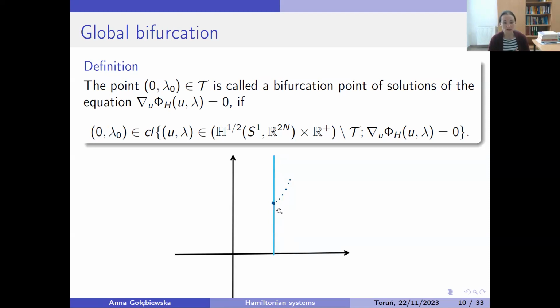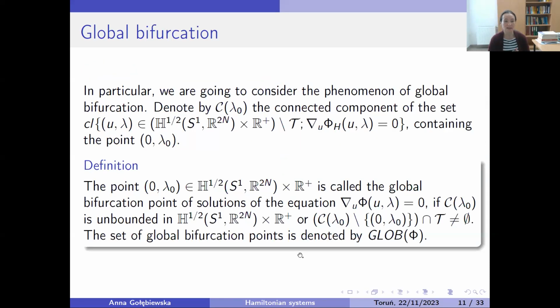But additionally, I would be interested in studying not only bifurcation, but the so-called global bifurcation. The point is called a global bifurcation point of solutions of the equation if we consider the connected component of the closure of non-trivial solutions, and either this component is unbounded or it goes back to our family.